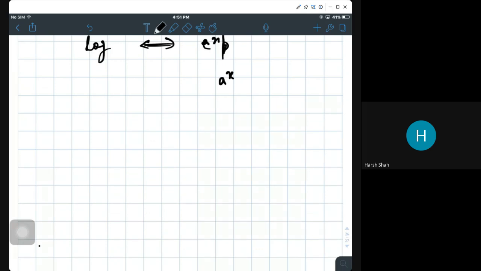X is greater than 0. I think there is something wrong. Just give me one second, I'll check the slides. Week 5, sorry. Exponential functions is.